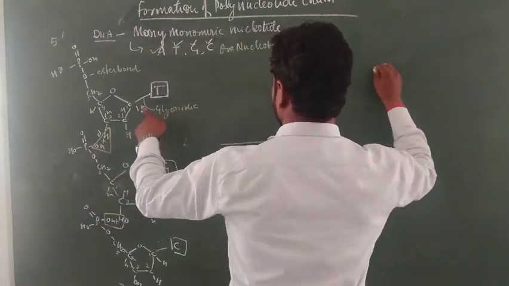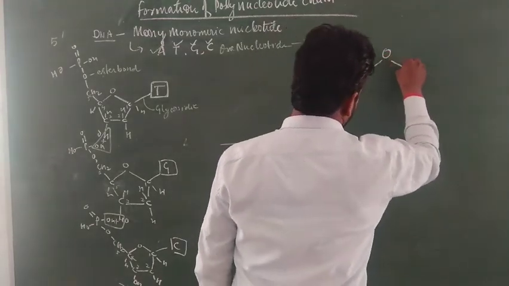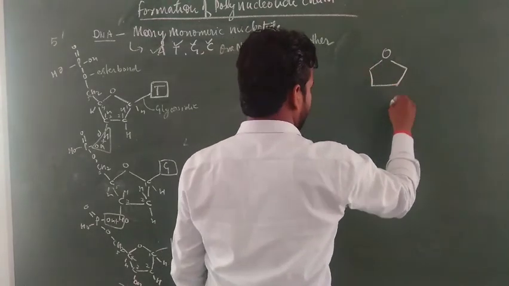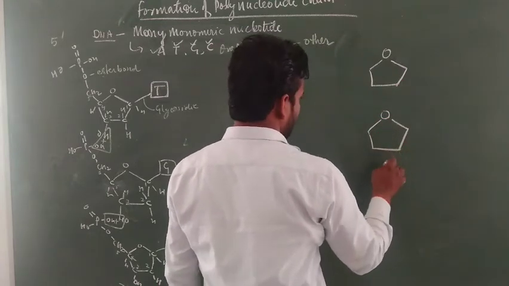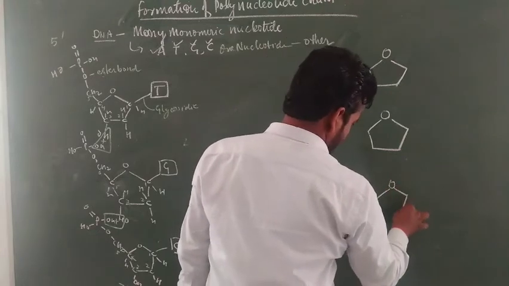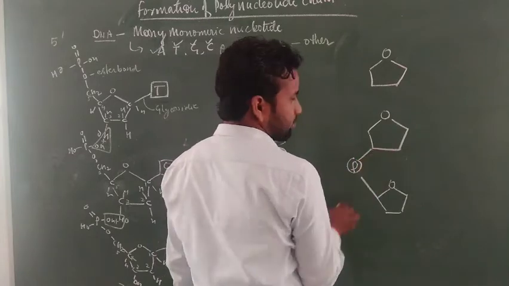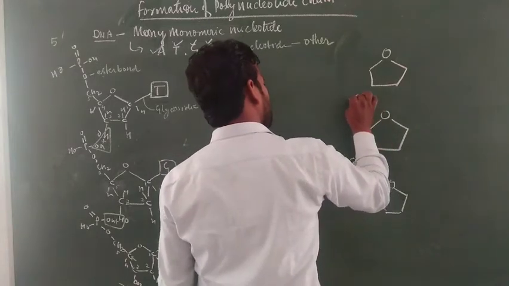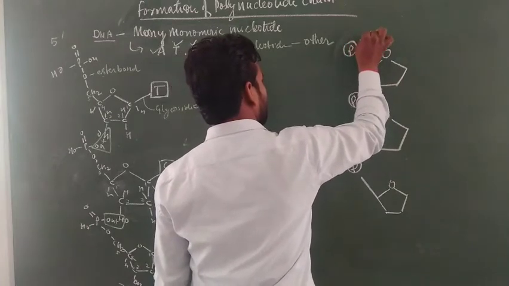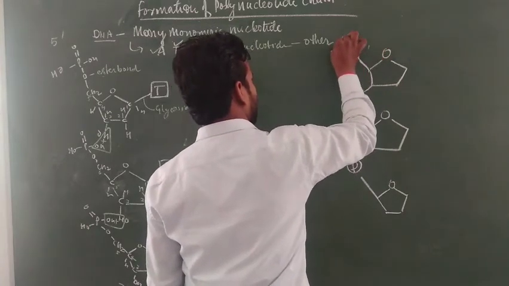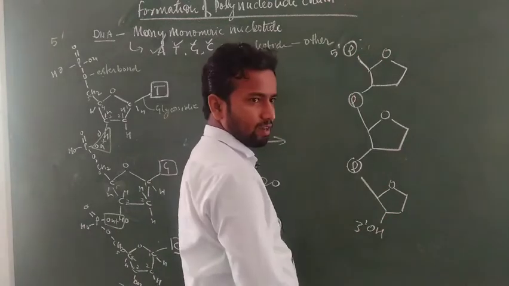I am not going to prepare these structures again. I am going to prepare only the diagrammatic view. If you want to prepare it, it is very easy. This is a phosphate joined with this position. This is a phosphate joined with this position. This is the 5' phosphate end. This is the 3' hydroxyl end. Clear?